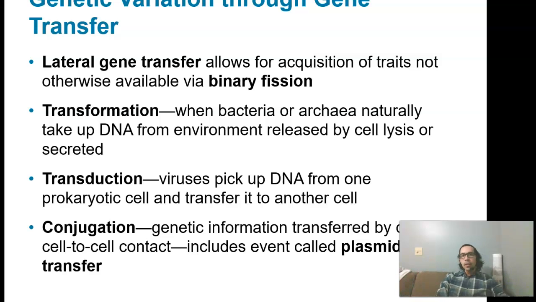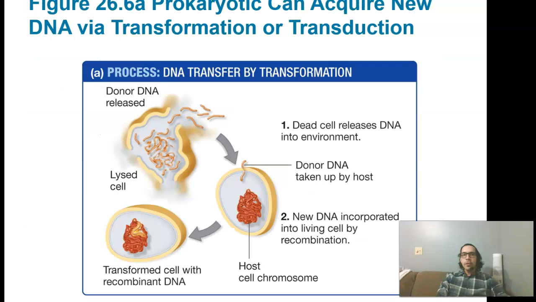Okay? The next one is transformation. In transformation, you have donor DNA that's released by a dead cell, a cell that lysed, and it releases DNA into the environment. Then that DNA finds its way into a new host.